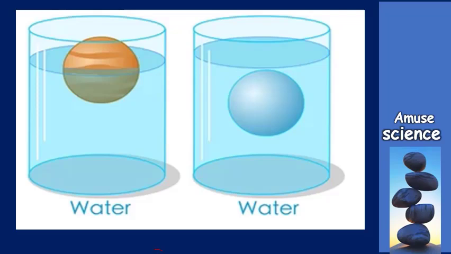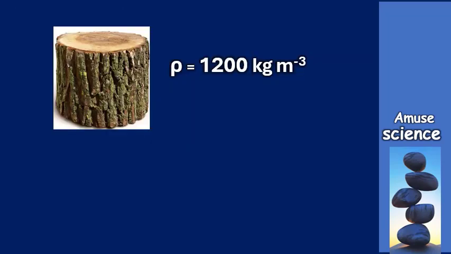So let us assume we have a piece of wood, and the density of this piece of wood is 1200. The question is, will this wood sink in water or will it float in water? We know that it will sink in the water because the density of this wood is more than the density of water. And this is where relative density comes in here.